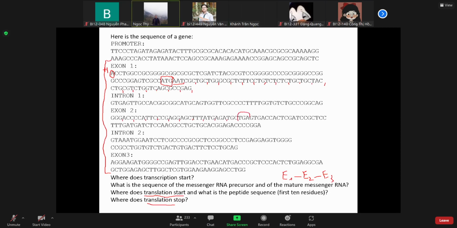So here, we have the stop codon. That means the translation will stop here. So all the region here is the 5' UTR, and all this region here to the end of exon 3 is the 3' UTR.